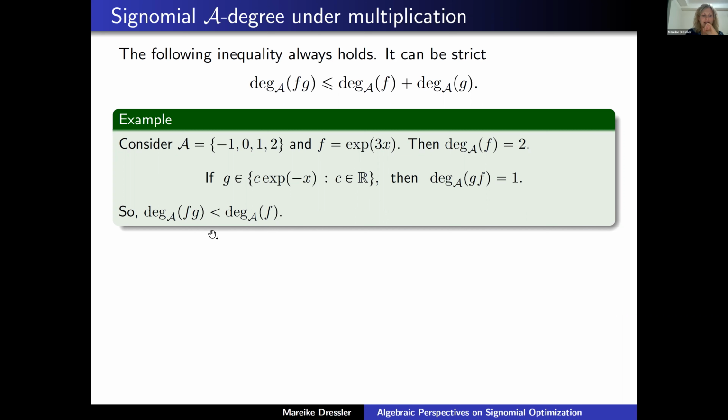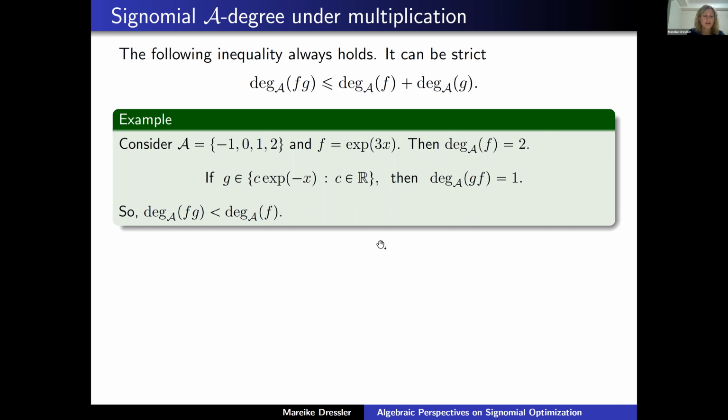So you see that the A degree of the product can be strictly smaller than the sum of the degrees, or even the A degree of only one of these factors, which for polynomials is only the case if, for instance, g is the 0 polynomial, right?